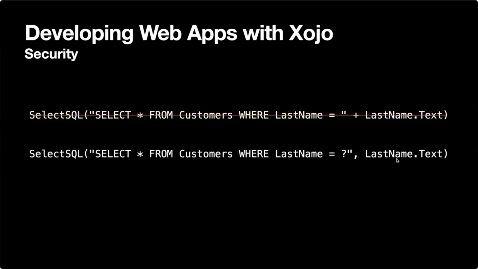Now, the advantage to doing this is that the database server gets the SQL statement and then the values separately. It can then look at the values, see if they contain any SQL, and if they do, it will reject the SQL command. So it's a simple thing you can do to avoid a SQL injection attack.